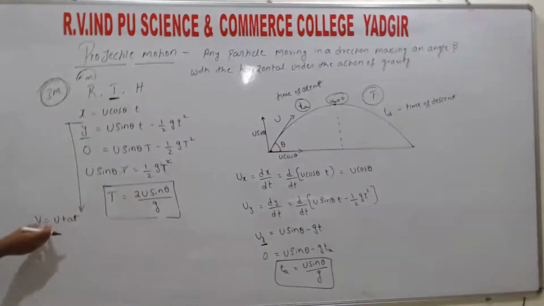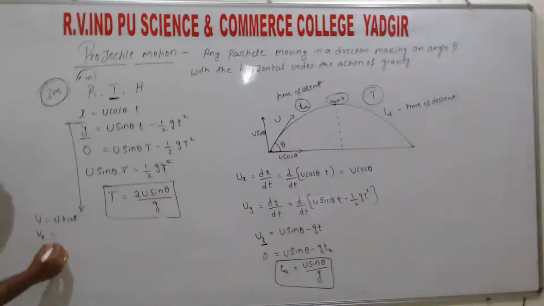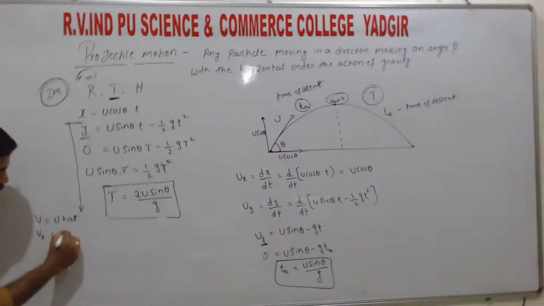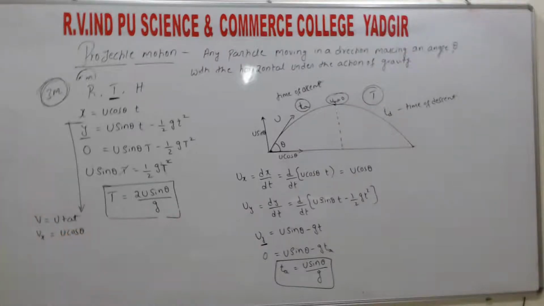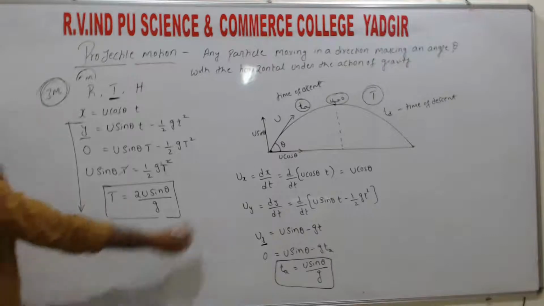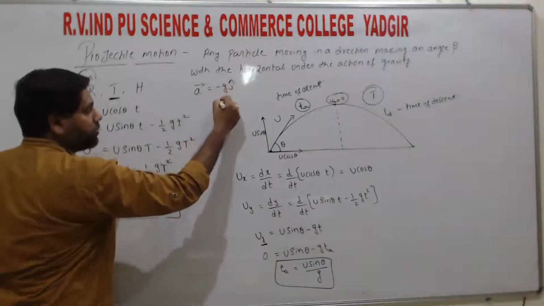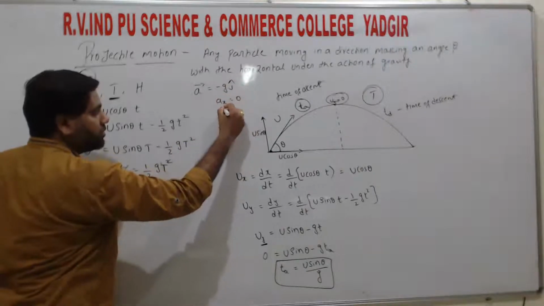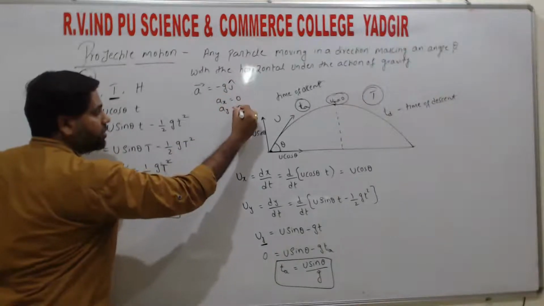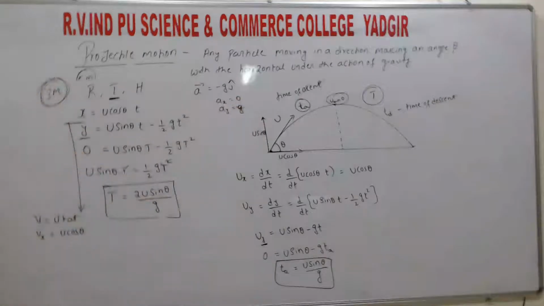You can do it by differentiating the two equations, or we can write v is equal to u plus at. We can represent this equation too, right? So v is the velocity along the x axis, that is equal to u, which is u cos theta. Acceleration along the x axis, what do we have? We have acceleration a is equal to minus g j cap. That means acceleration along the x axis is 0, and acceleration along the y axis is minus g. So along the x axis it is 0, so this term becomes 0.